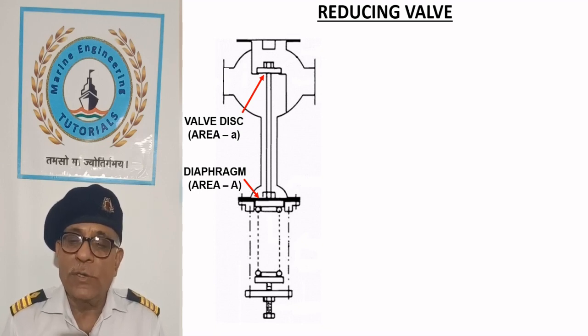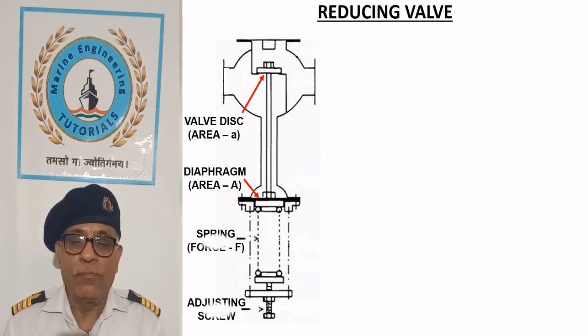Reducing valve consists of disc connected with the diaphragm as shown. Valve is usually placed in inverted position to prevent the damage to diaphragm from high temperature of steam.